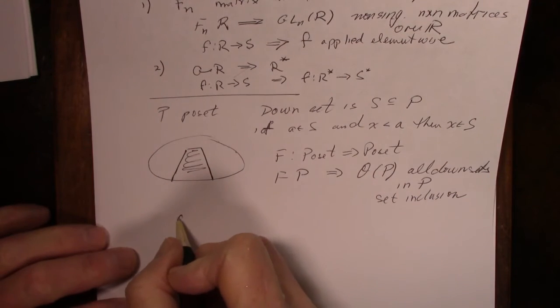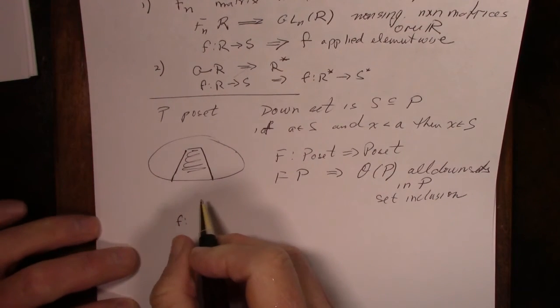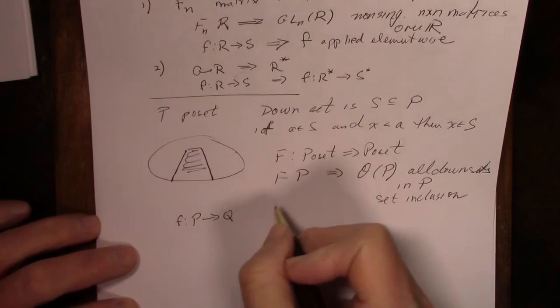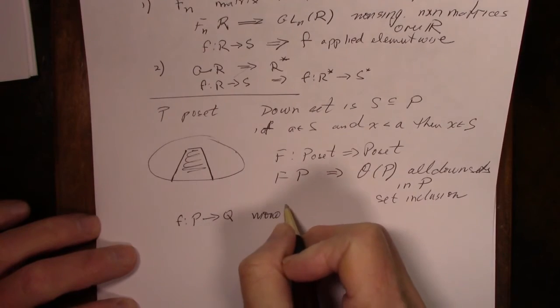The morphisms in poset, a morphism from P to Q, these are the monotone maps.